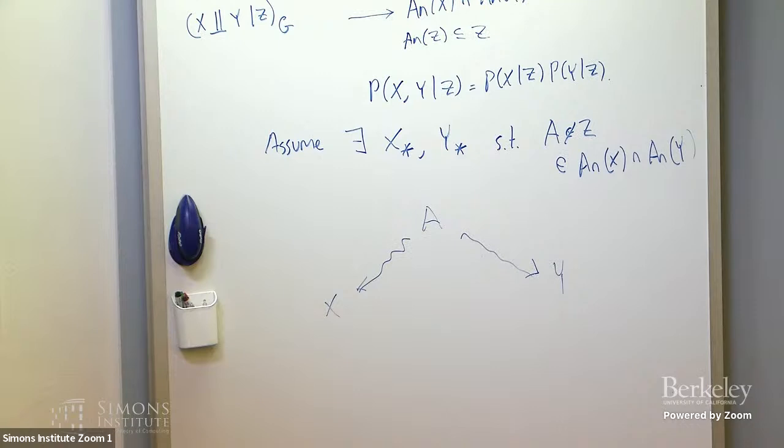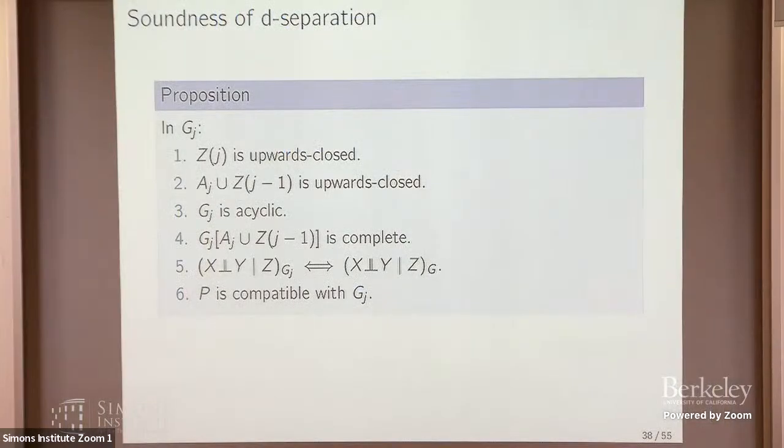So why does this preserve d-separation? So let's assume that X and Y are d-separated in G, and we'll show that they're d-separated in GJ.